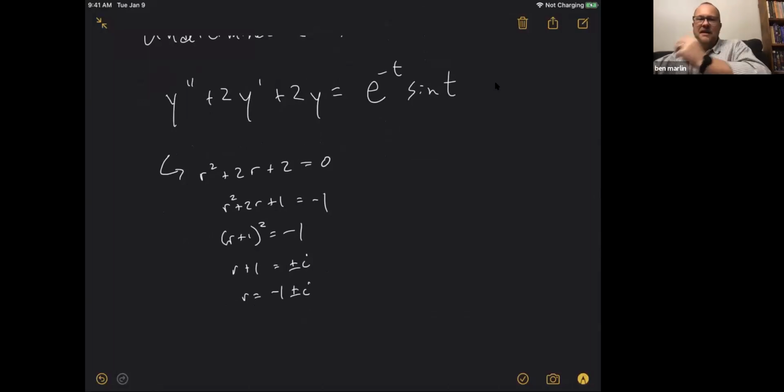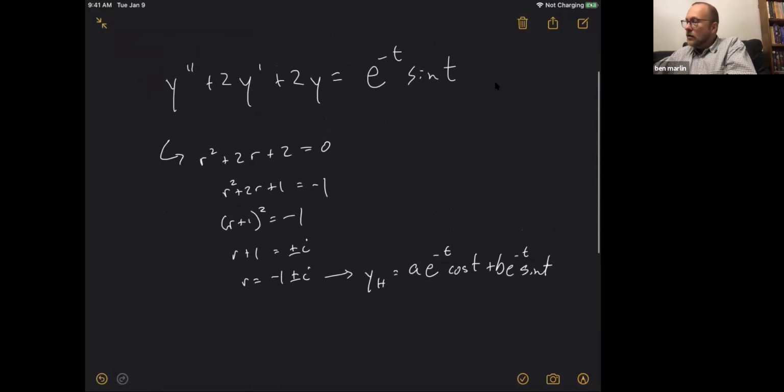Okay, so once you've got those two roots, then that tells you that your y_h is going to be a e^(-t) cos t + b e^(-t) sin t, right?